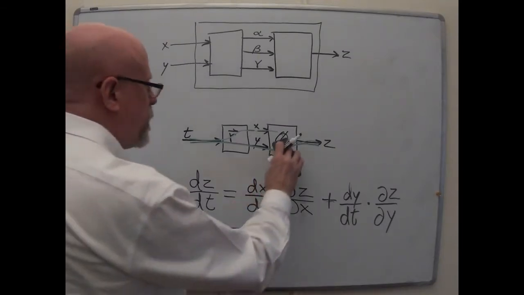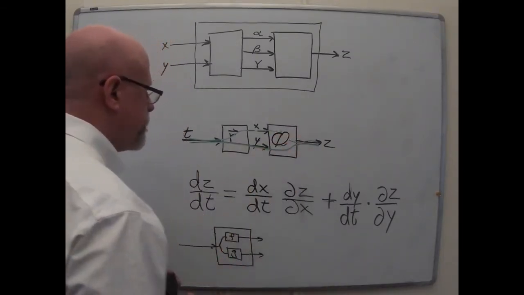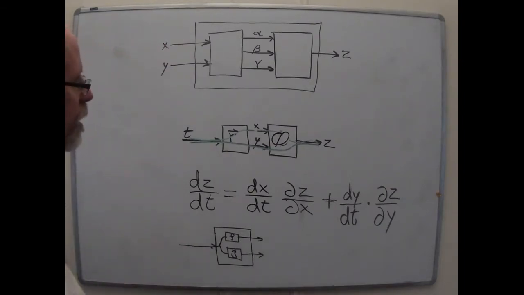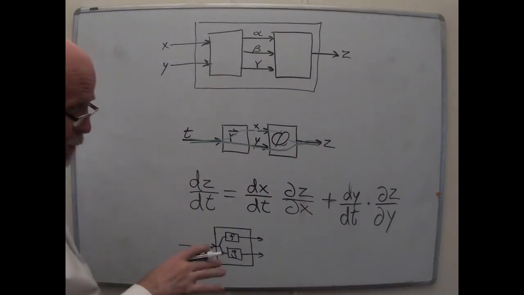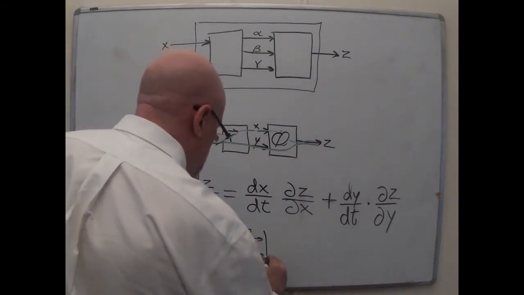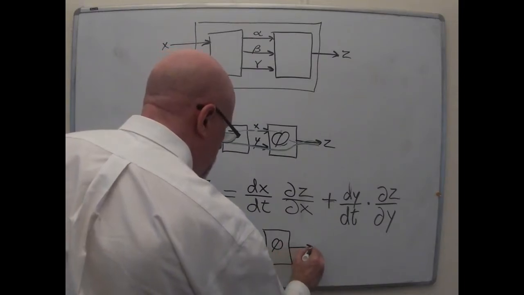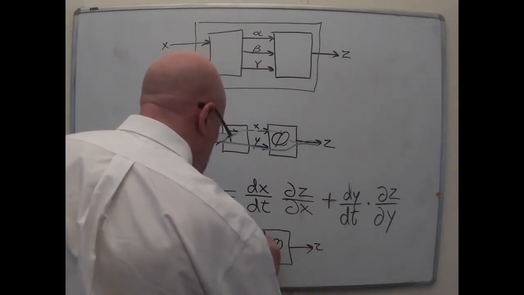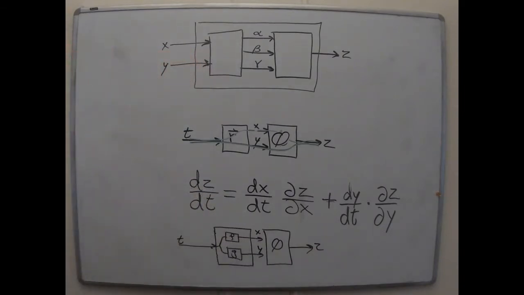I mean phi, like the Greek letter for f. Just so we have a new thing there. Phi is something that has an x input and a y input and gives a z output. So it's a surface. That's the way we think of this setup in the book.